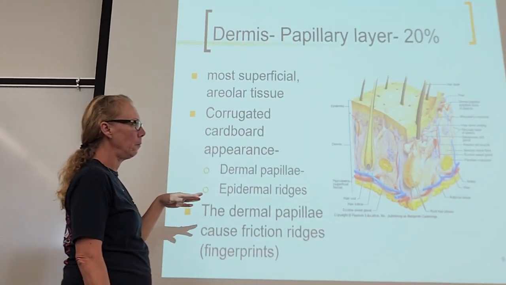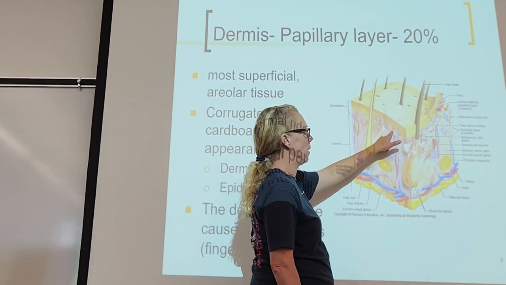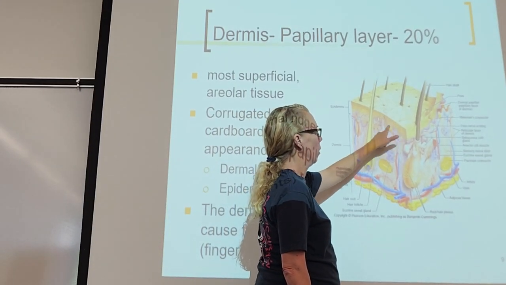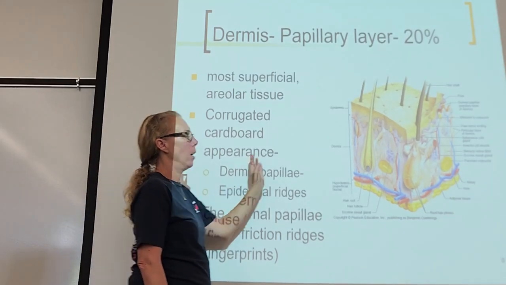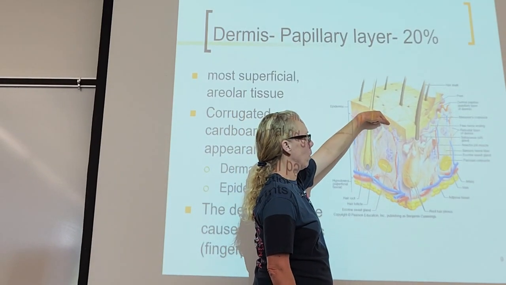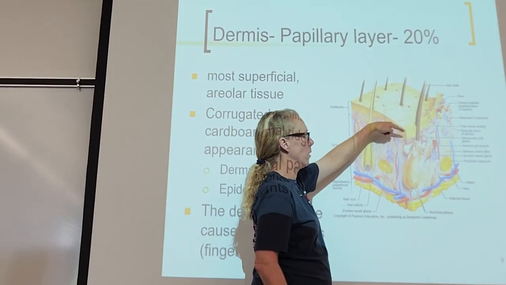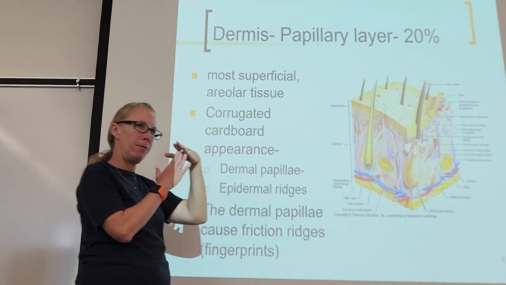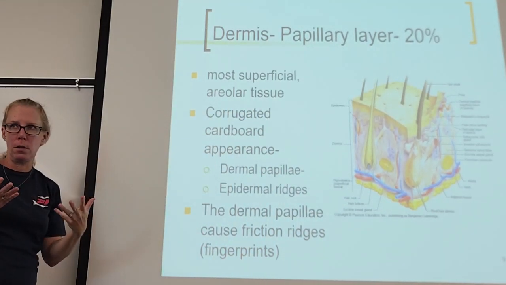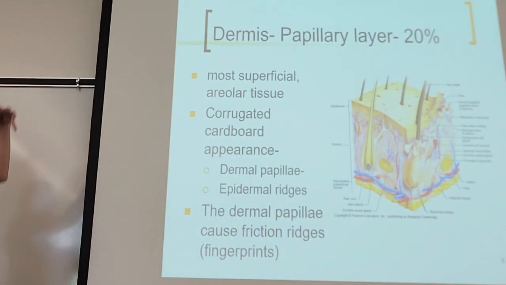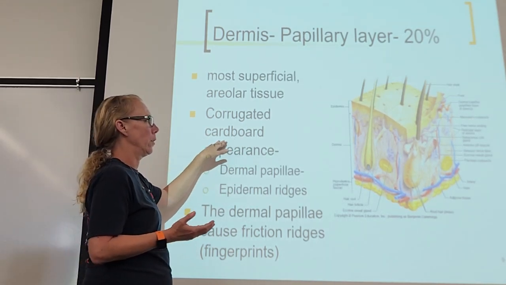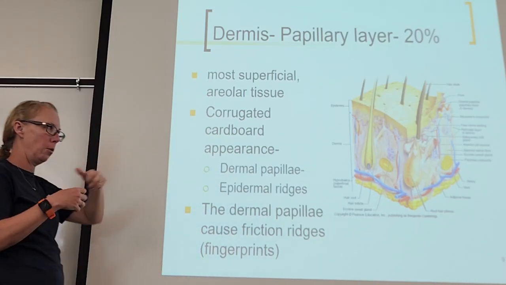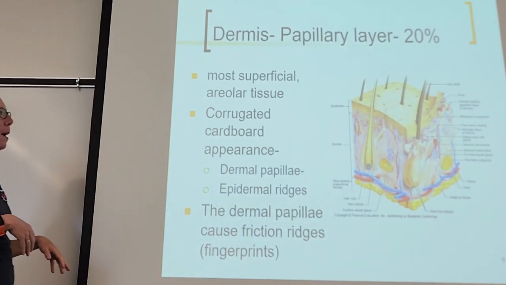Now, because the dermis has these little bumps, we call those dermal papilla. And on the opposite side, the epidermis has these indentations that the papilla nicely fit into, kind of like a puzzle piece. So it keeps the epidermis nicely situated on top of the dermis. It's a nice snug fit. That's what we mean by corrugated cardboard. It's kind of like that cardboard that you see when you open up a box, the padding.